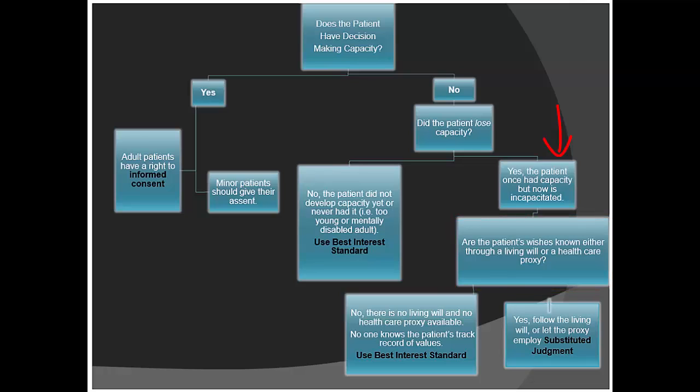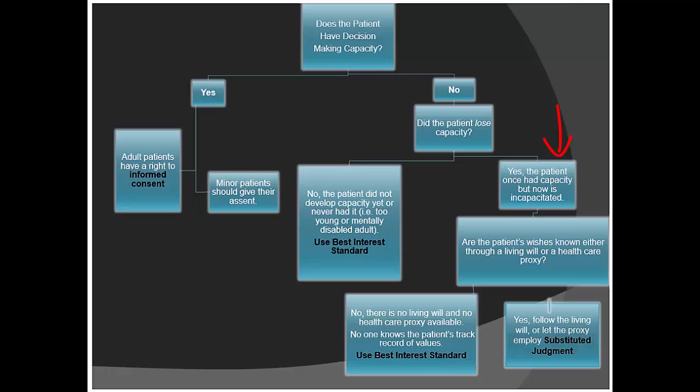Now, one of the two standards for surrogate decision making we already mentioned is the best interest standard, but the situation where the patient had capacity but now lost it introduces the possibility of another standard of surrogate decision making called substituted judgment. So we'll talk about how we get down to there.